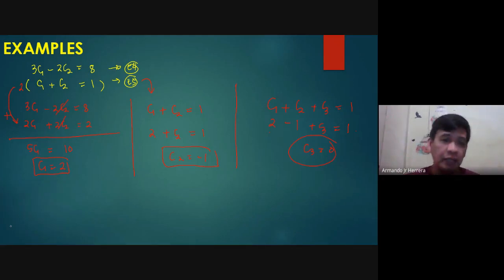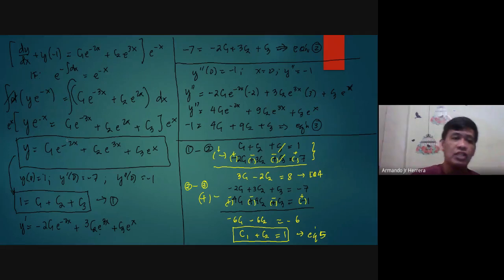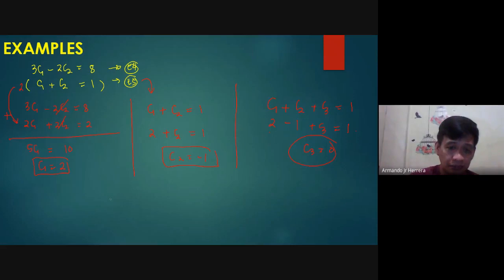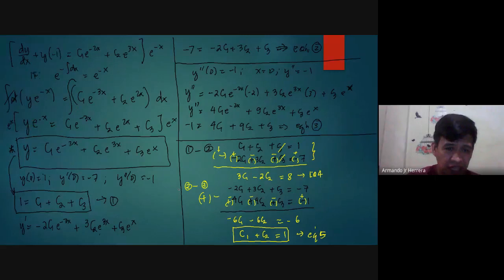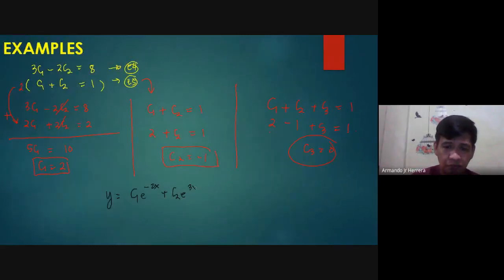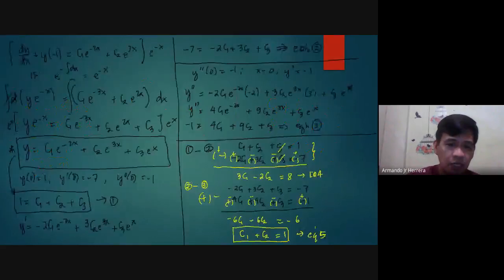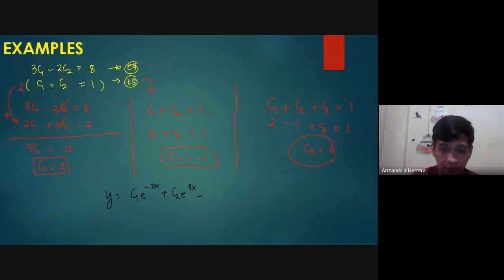Since we now have the values of c1, c2, and c3, which are 2, negative 1, and 0 respectively, let's substitute them into our general solution. Again, our general solution is c1 e to the negative 2x plus c2 e to the 3x, and then last, we have c3 e to the x.